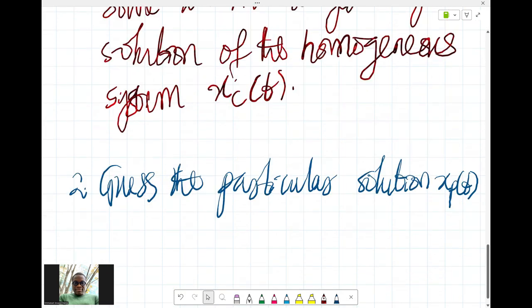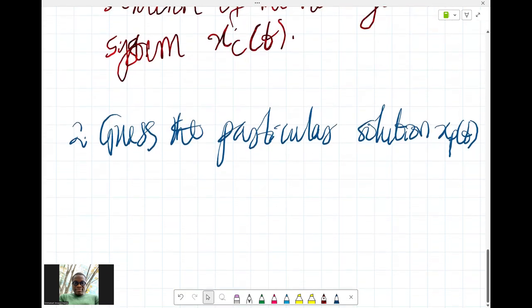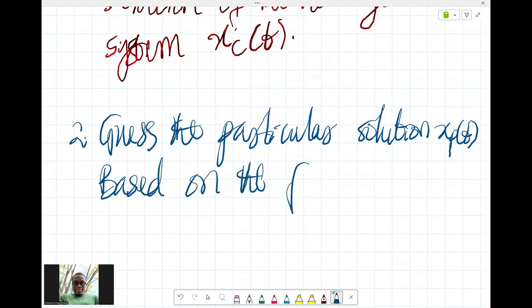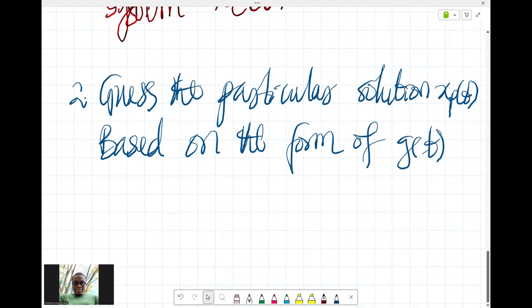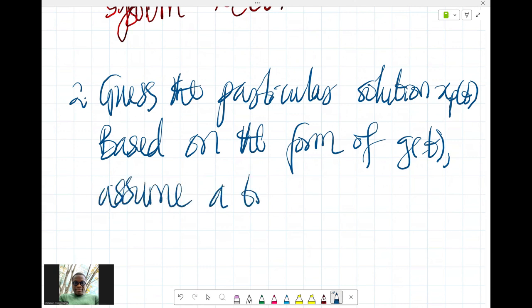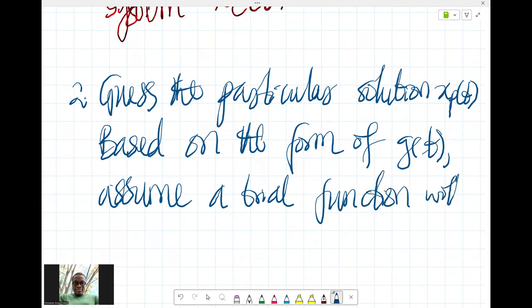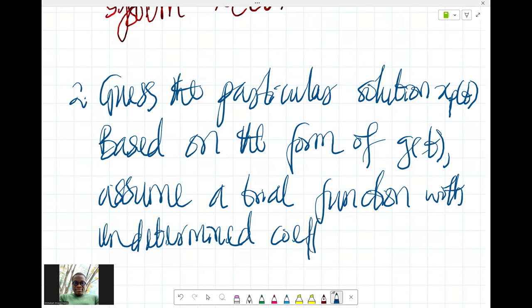Based on the form of g of t, and for undetermined coefficients the form of g of t is really important, you have to assume a trial function with undetermined coefficients. That's where the name comes from. You have undetermined coefficients that you want to determine in the process. So that's the second step.